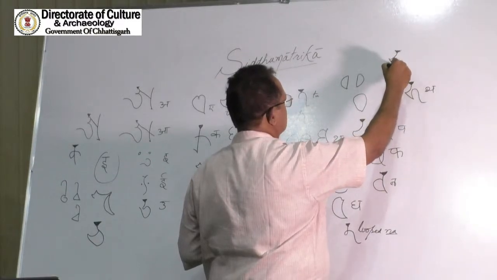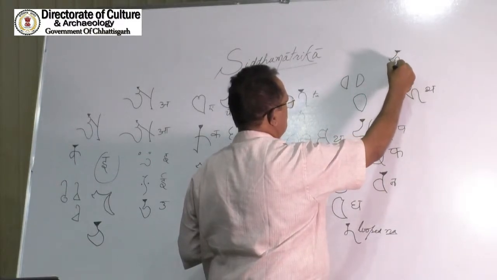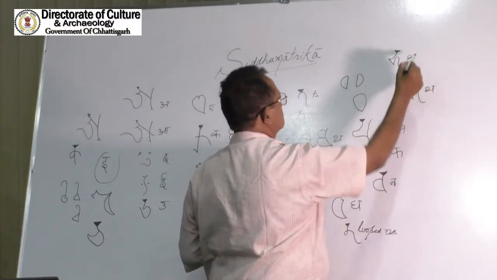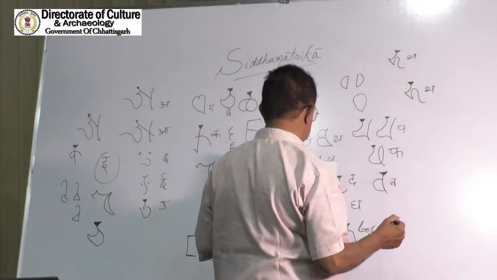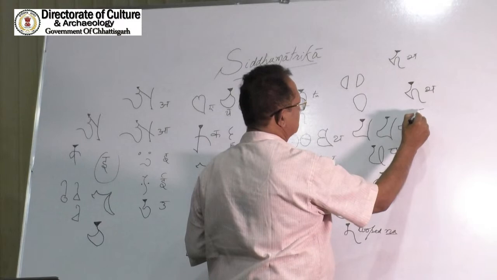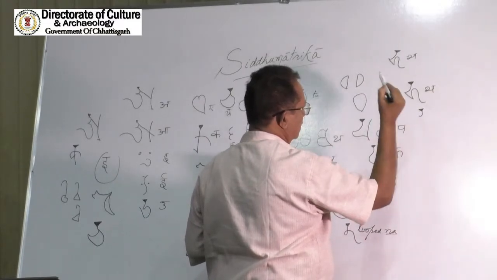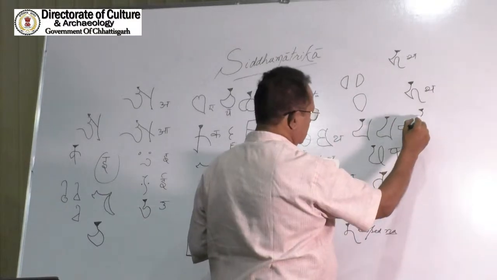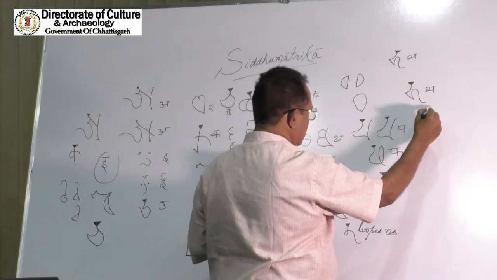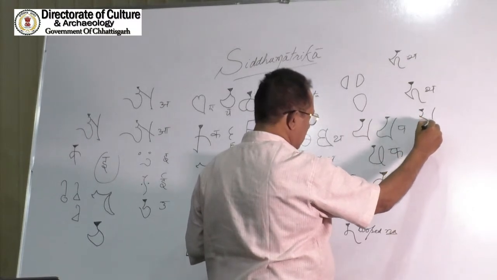You put it like this, and then take it above, leave it. Bha. Ma is written like this. Here a small curve, okay? And then you put a straight stroke like this, and then connect it with another stroke like this.